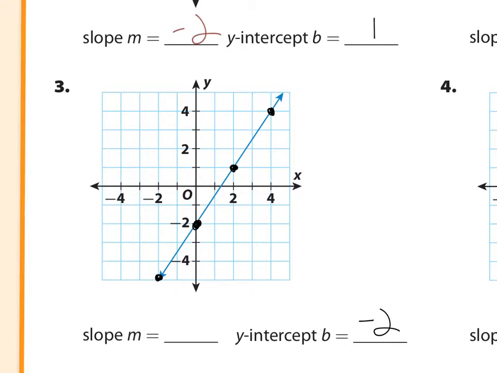That would be 1, 2, 3, 4 up here. That's too much, right? 3. All right. So yeah, it's going to be 3. 1, 2, 3. And then how much do I run? 2. 1, 2. All right. Up 3, over 2. It works every time. So the rise is 3, the run is 2. My slope is 3 over 2.